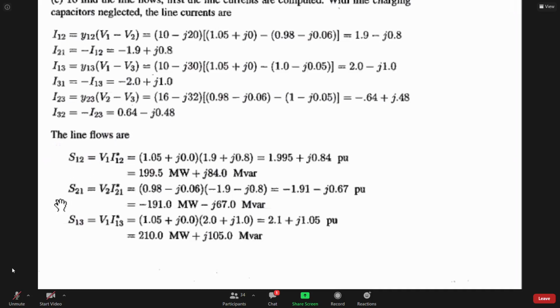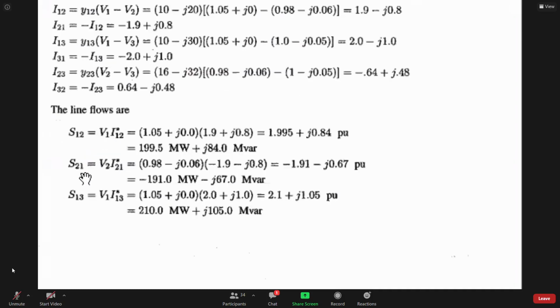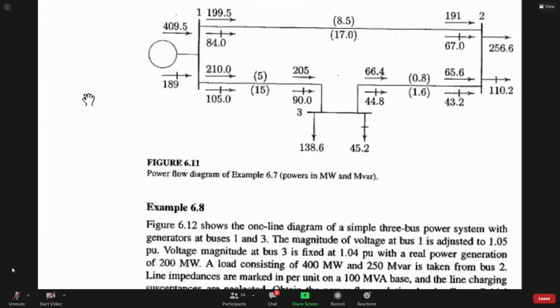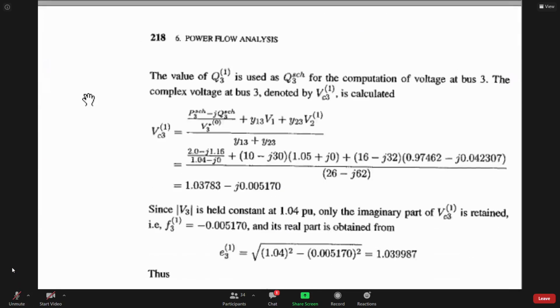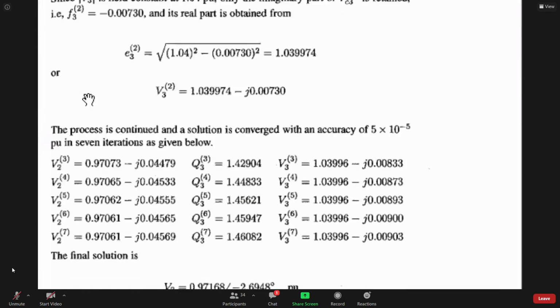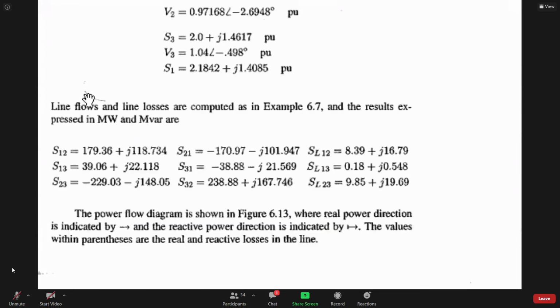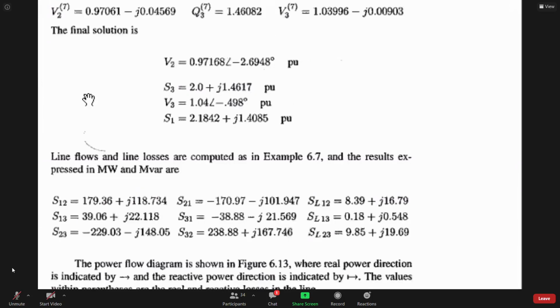So using that concept, can you find those powers? You have S12, you have V1, I1, and you have Y. Let's go back to our problem. What do we have? There it is.